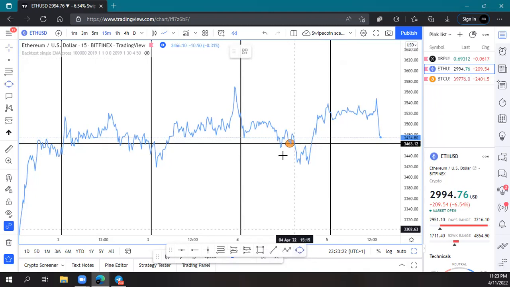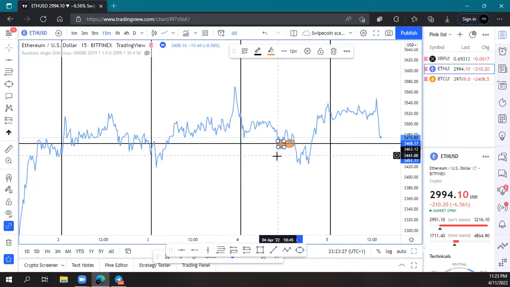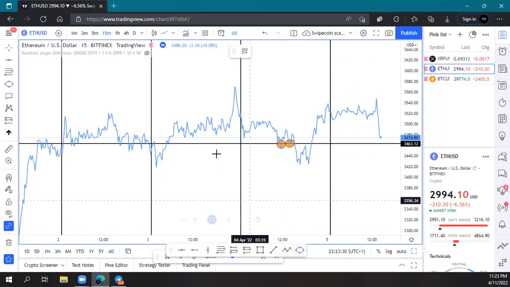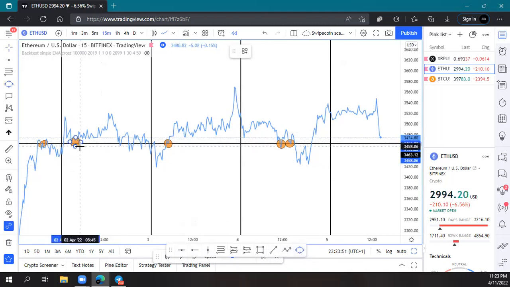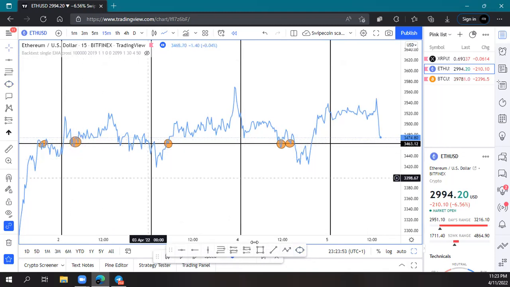Okay, so this is the second one. So these 2 touches, if I move all the way to this side, this is 3, right? I've gotten 3 touches. If I come all the way to this area, you're going to see more touches here. See a touch here. See this area. Market bounced around this area. Look at this area again. You also have more touches around here, right?